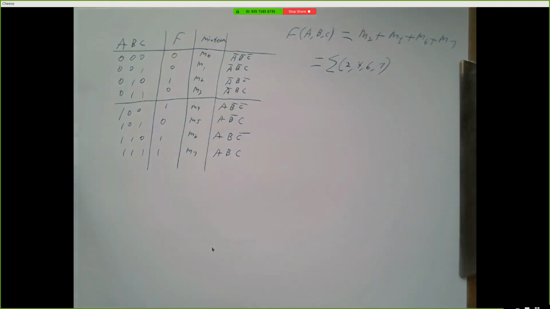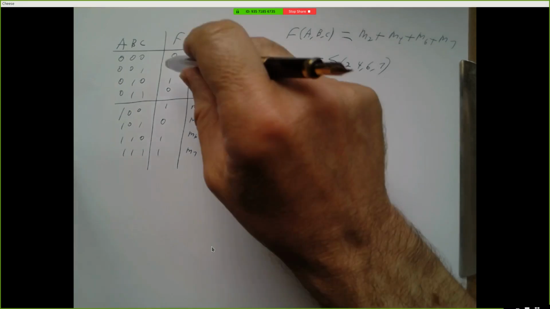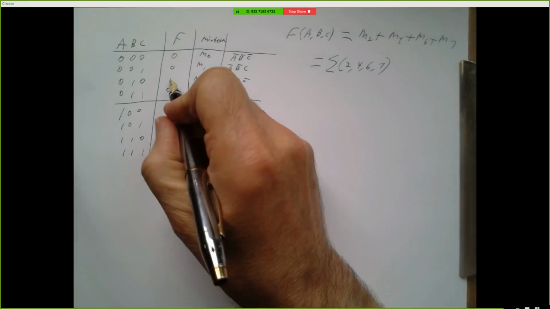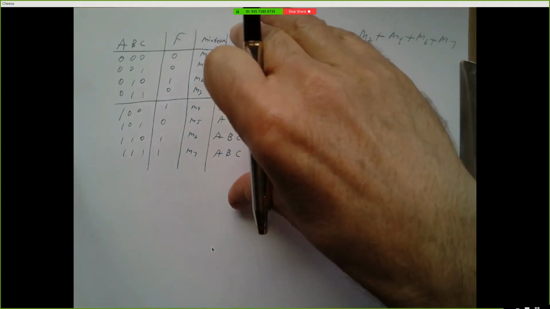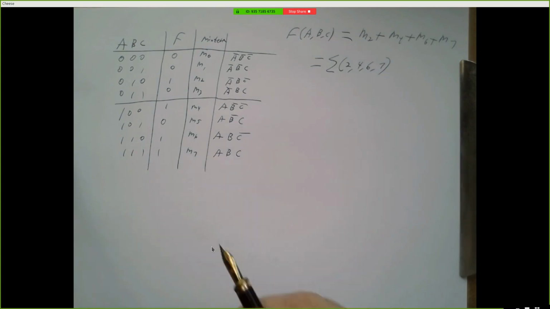Suppose I want to write a Boolean equation for this. I want to actually write out the minterms. Well, I can fill out the truth table, find each place that there's a 1, and write the minterm that corresponds to it. Or I can maybe have a table like this already written in my notes and just look up the minterms.